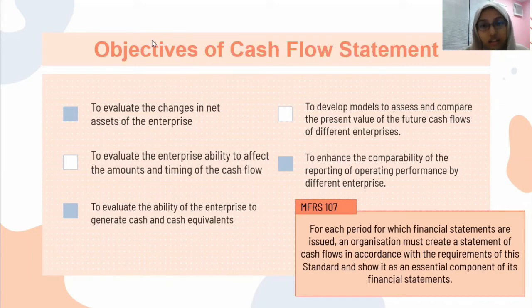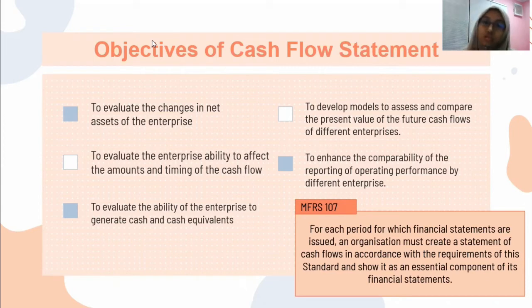Then, it develops models to assess and compare the present value of the future cash flows of different enterprise. Then, to enhance the comparability of the reporting of operating performance by different enterprise because it eliminates the effect of using different accounting treatments for the same transaction and events.